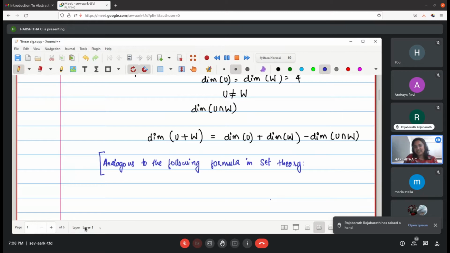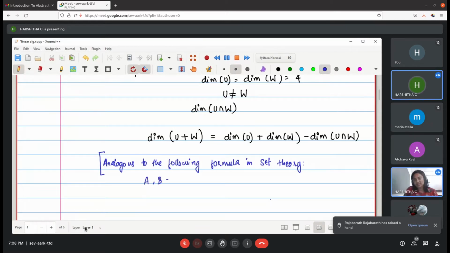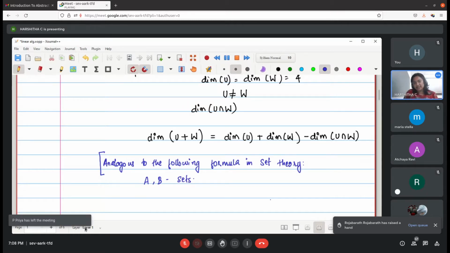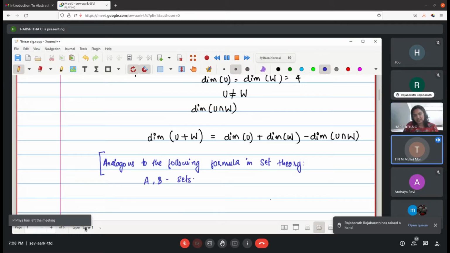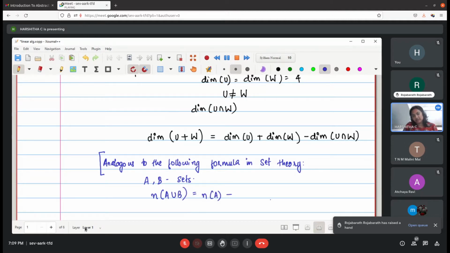So if you had two sets, A and B, we had this thing: N of A union B is equal to N of A plus N of B minus N of A intersection B. So you had the cardinality of A union B equal to cardinality of A plus cardinality of B minus cardinality of A intersection B. You'll see that even when you prove this, somewhere this may be used.